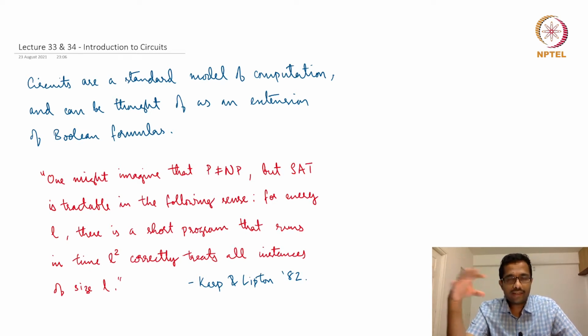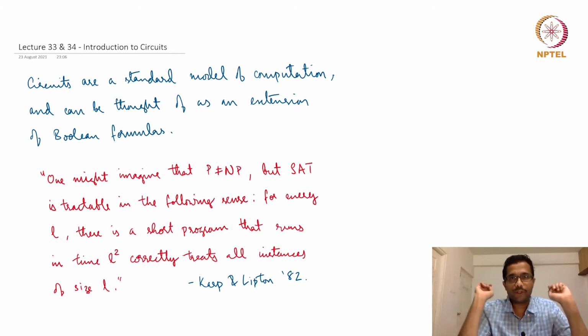So circuits are a rather standard form of computation, even though we are seeing it a bit later into this course. It's a very simple, very intuitive form of computation. So it's like Boolean formulas generalized into a computation model.